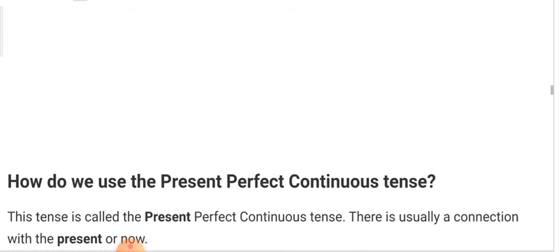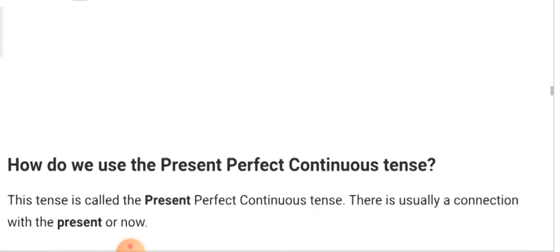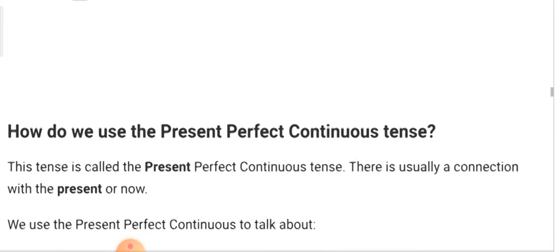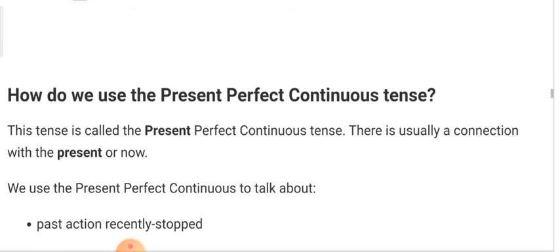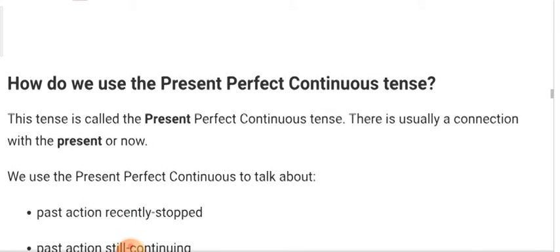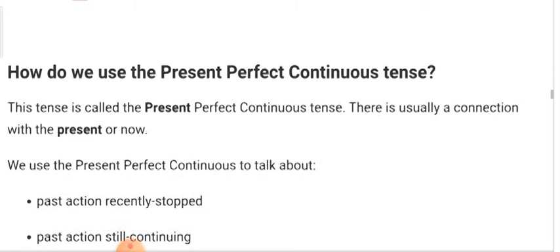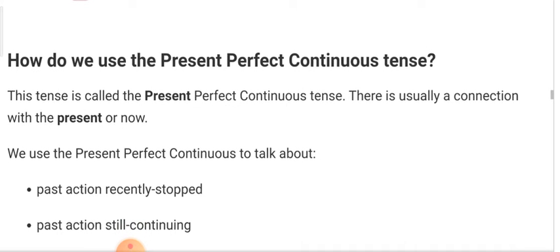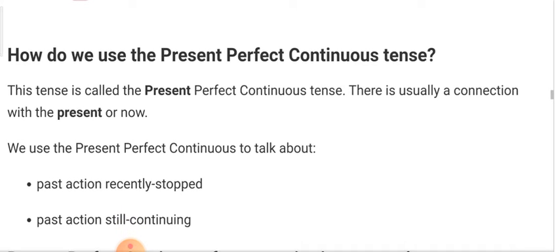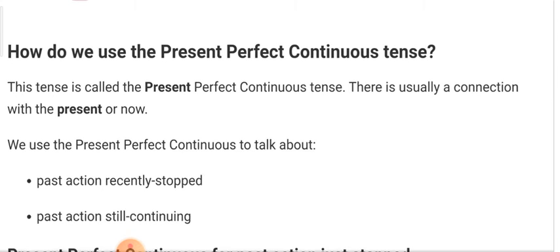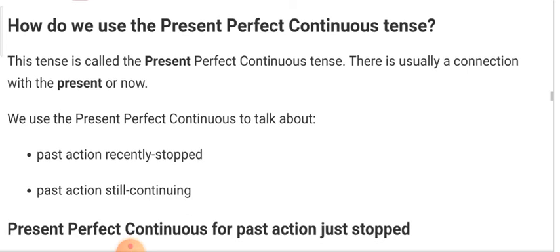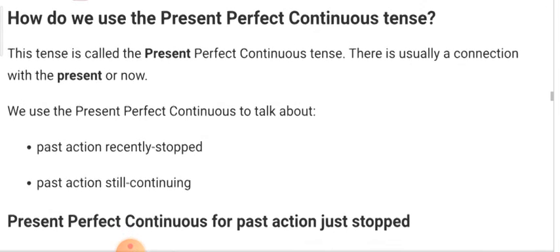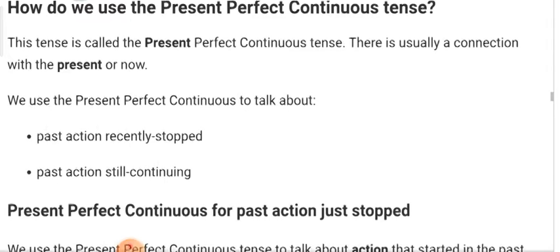We can come to another point: sometimes this tense is called the present perfect continuous tense. There is usually a connection with the present or now. We use the present perfect continuous to talk about a past action recently stopped, or a past action still going on.